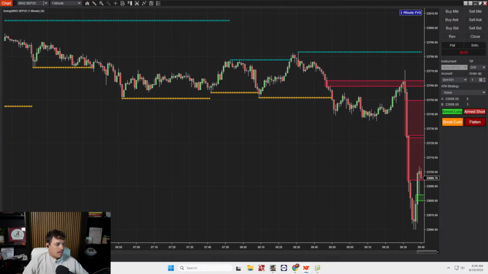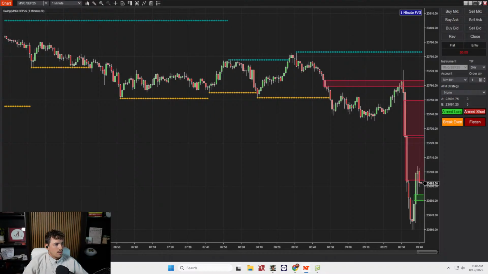ES marching up a bit. NQ not as much. Interesting market.